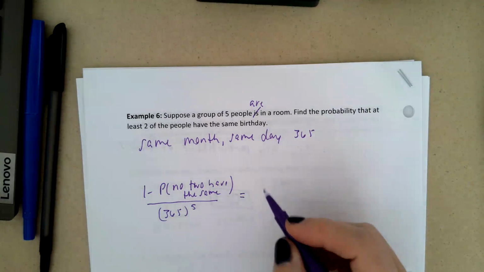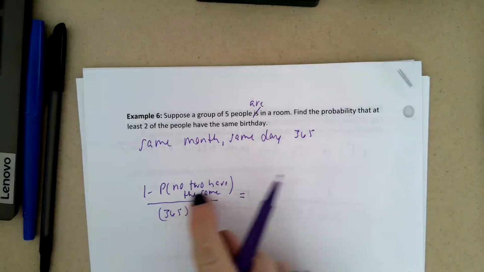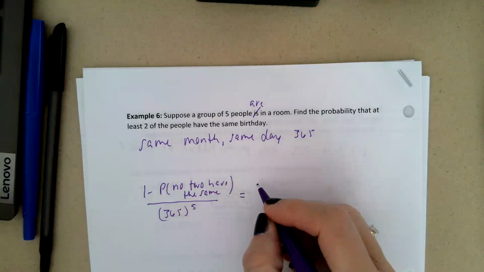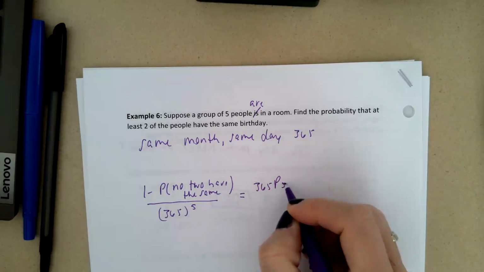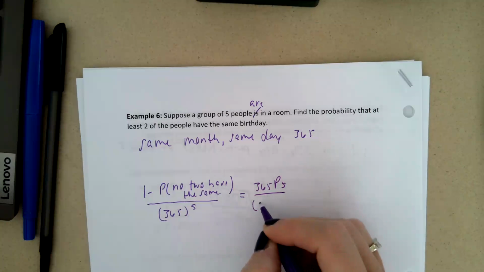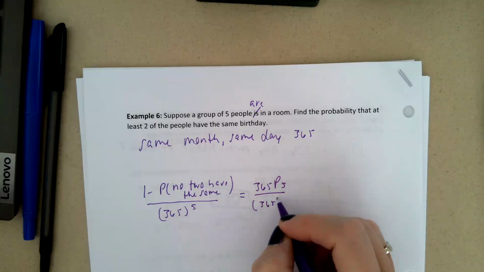So we have no 2 having the same, it would just be 365 permutating 5 out of the 365 to the 5th.